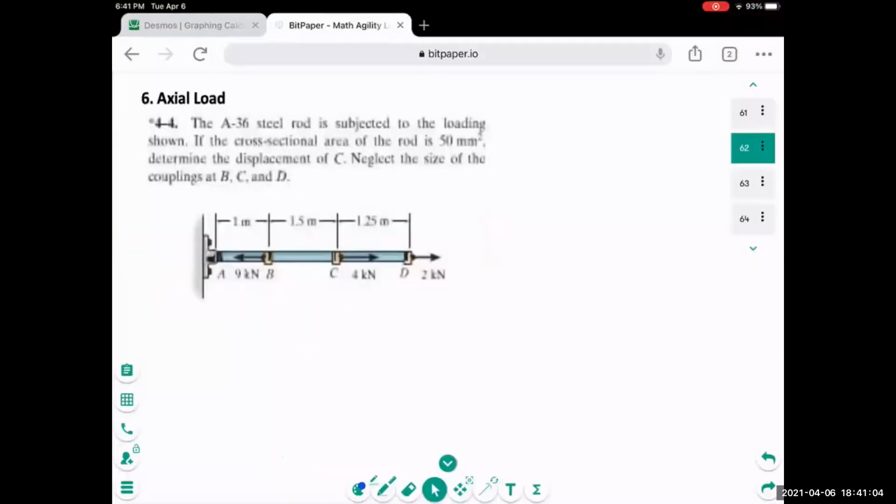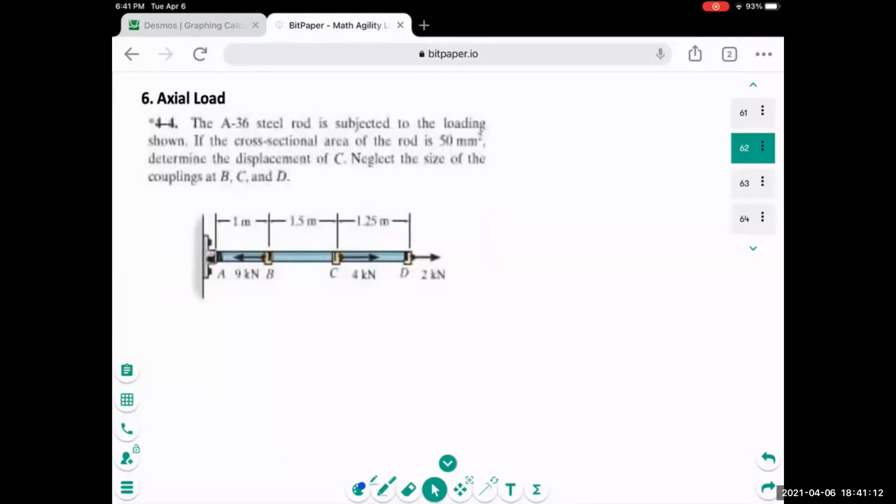So let's move to the next problem, which is problem number 6. It's about axial load. Let me just show you my screen. So number 6: the A36 steel rod is subjected to the loading shown.